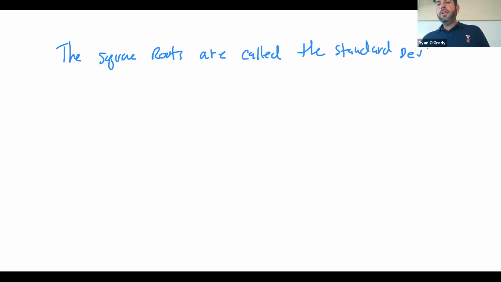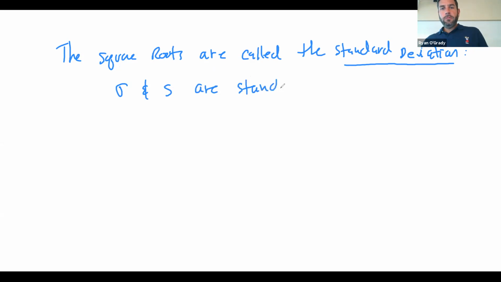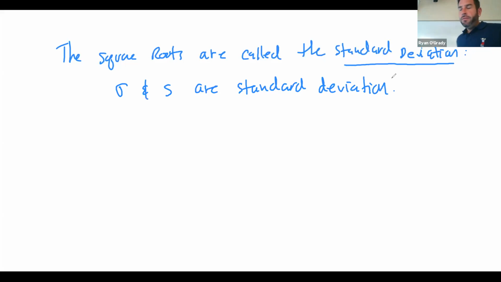So that's why we use that square on the sigma squared. So sigma and S are standard deviation. And of course, they have that adjective in front, whether it's population or sample. Cool? Good. You'll mess it up. That's okay. I did too.